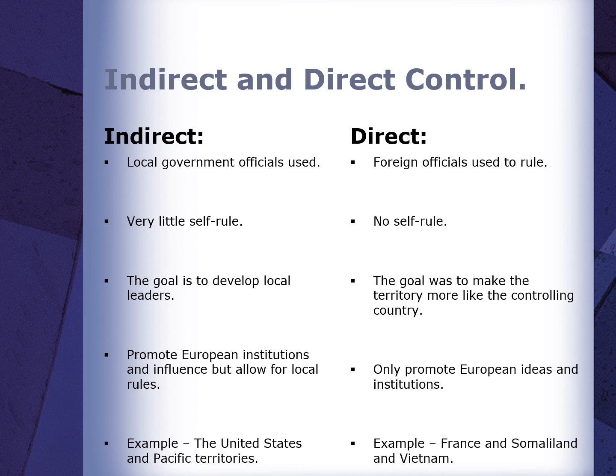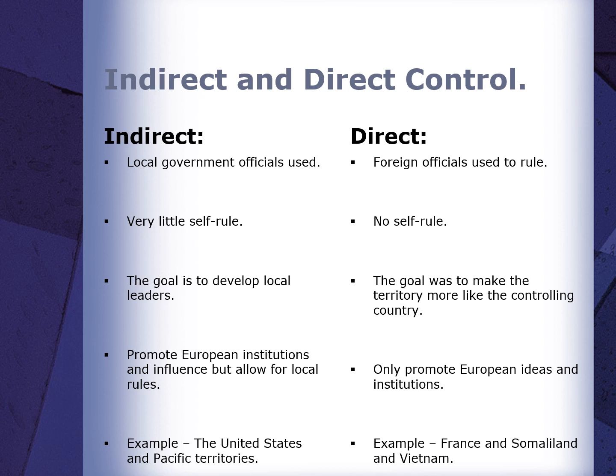With that said, these European countries would try to promote European institutions and influence these countries or colonies towards the way of European life, but they would allow for the locals to make their own rules too and come up with their own decisions, like I said. And again, another example of this would be the United States and when we had our territories in the Pacific during this time. The United States also practiced indirect control.